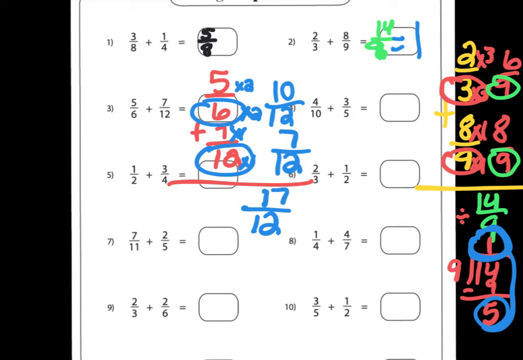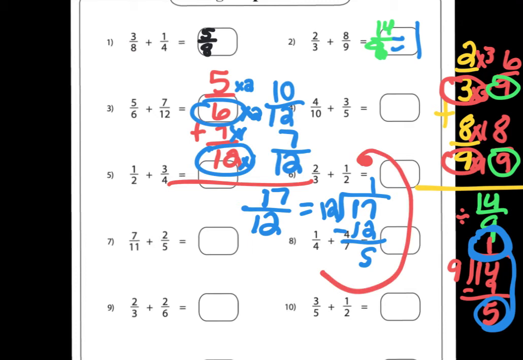No. What do you call 17 over 12? Improper fraction. So I'm going to divide. 17 divided by 12. How many times will 12 go into 17? 1 times 12 is 12. I subtract and get a remainder of 5. Now I have to turn that into a mixed number. Starting at the top, how many whole times will it go? How many's left over? Over 12.